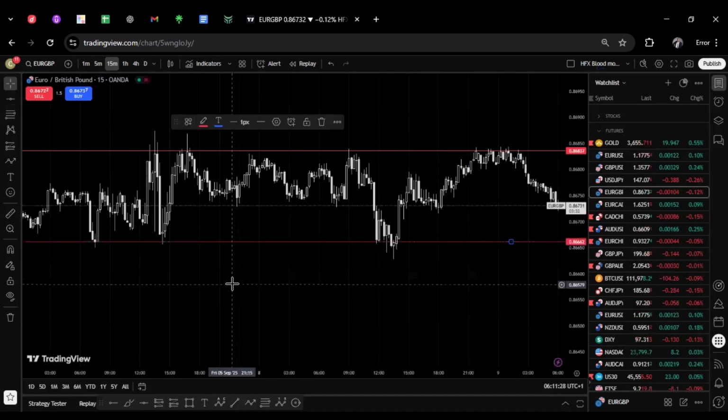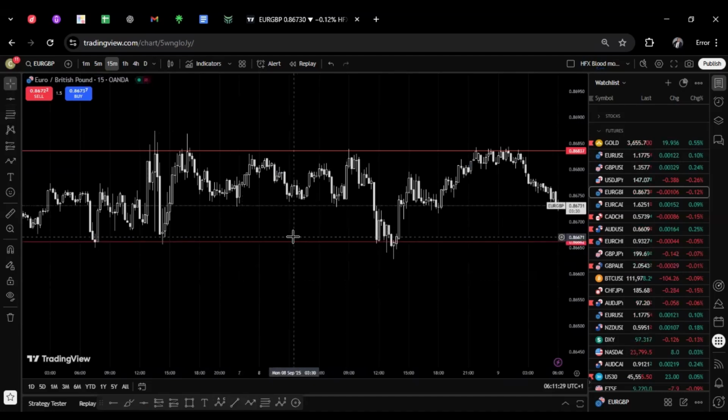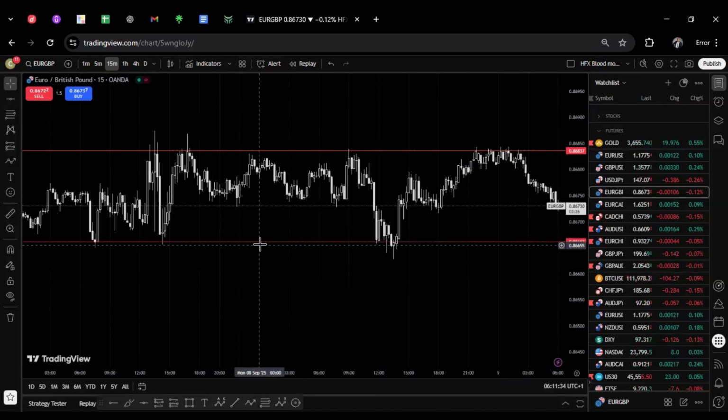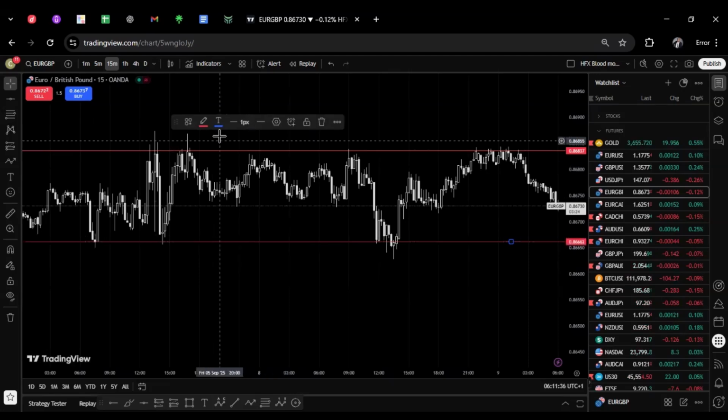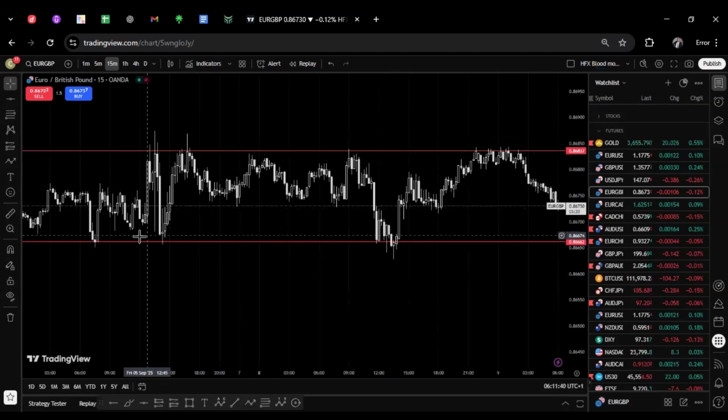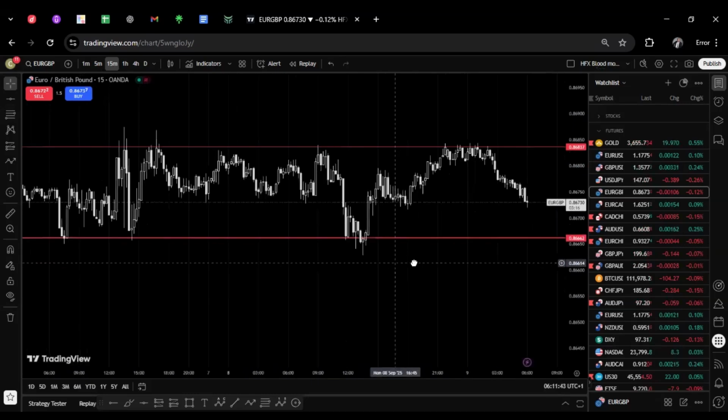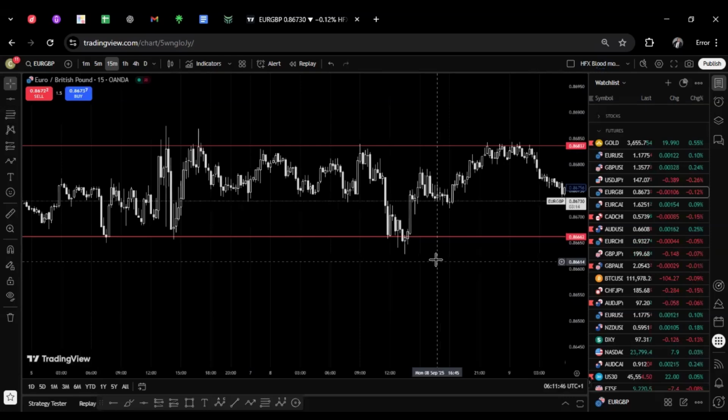You can mark this. You can increase the thickness so it will be a little clearer for you. All right, so we have multiple reactions, 2, 3, 4, as the case may be. Then you can mark out the midpoint.